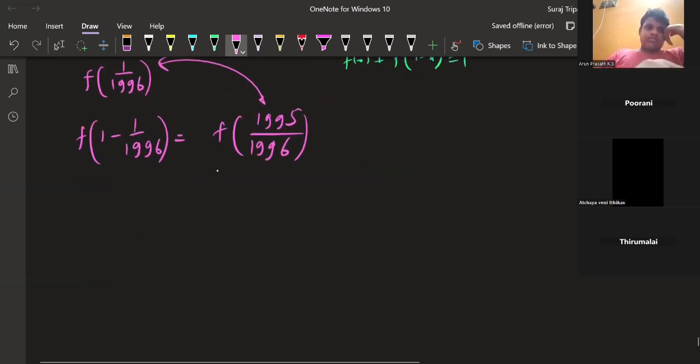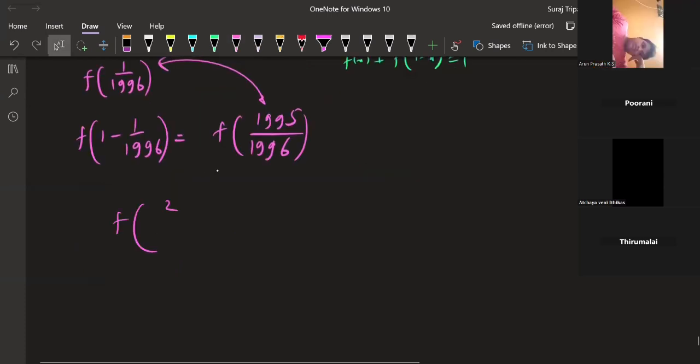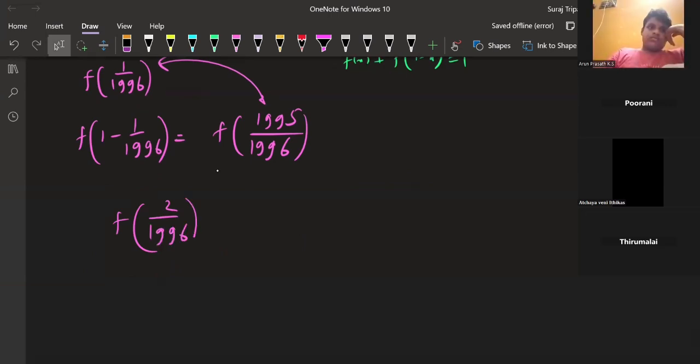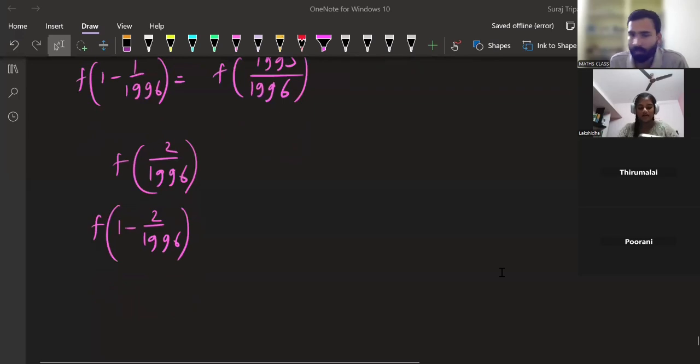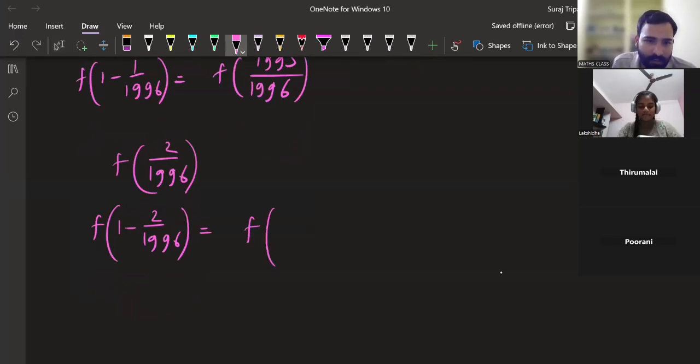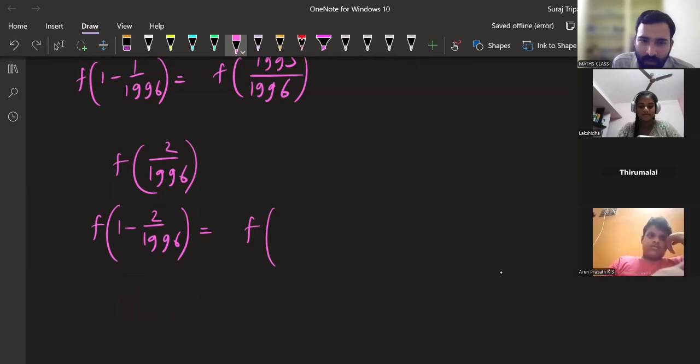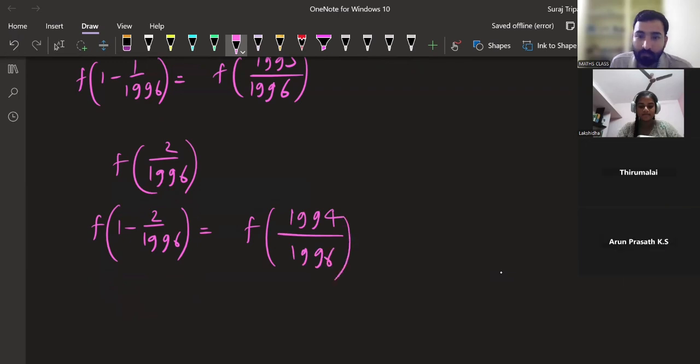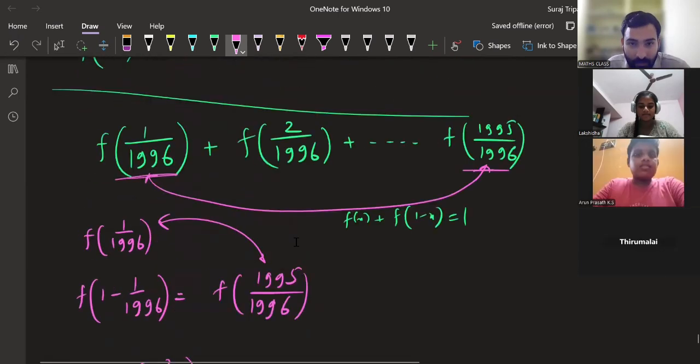Now the next one is f of 2 upon 1996. If I take 1 minus 2 by 1996, what is the value of this expression? 1996 minus 2, how much will you get? 1994 divided by 1996. Is this value present in our expression in the question?